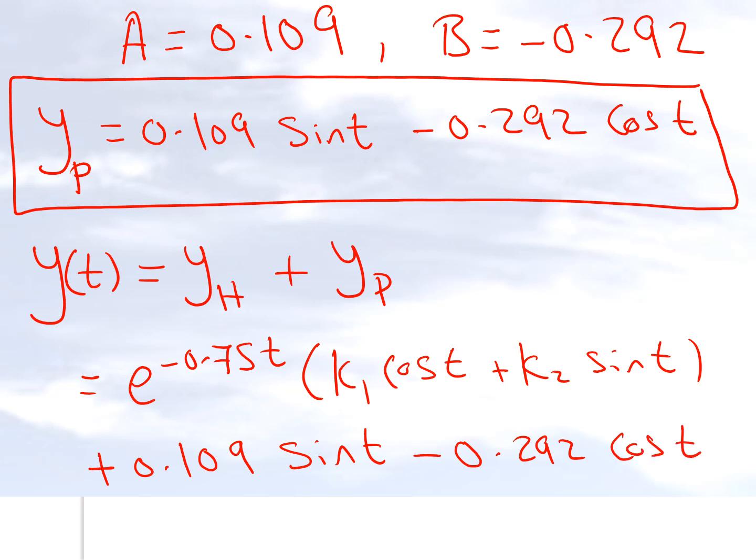Okay, so this gives us the exact solution. However, we still have these two unknowns k1 and k2, which are the constants corresponding to the homogeneous solution. What we do now is use the initial conditions, apply them to that exact solution to solve for k1 and k2.